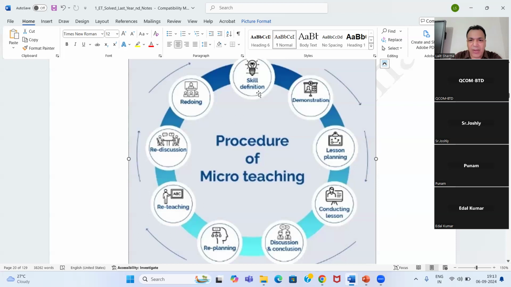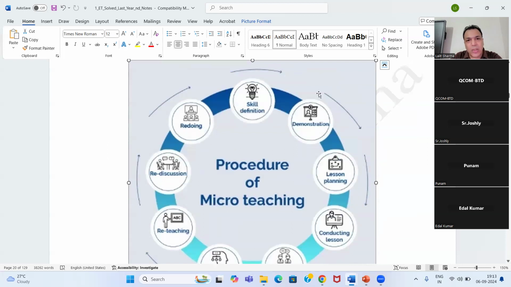Again skill definition, then demonstration, then lesson planning, then again conducting lesson, discussions, replanning, reteaching. This cycle goes on running until the student gets trained. The B.Ed trainee gets trained in teaching a particular skill.